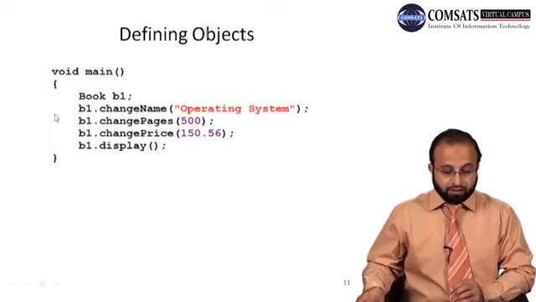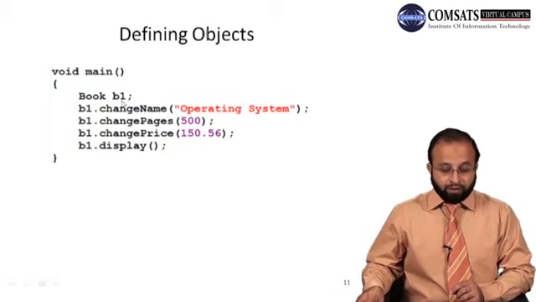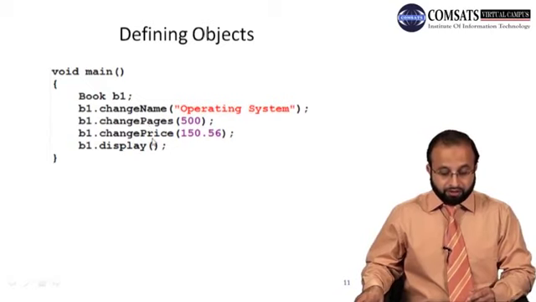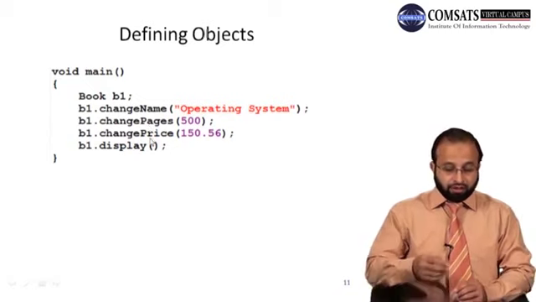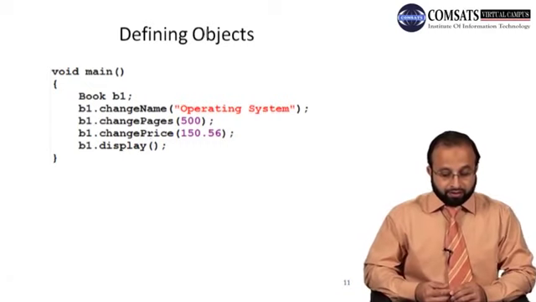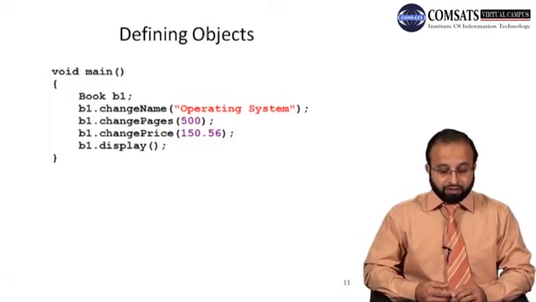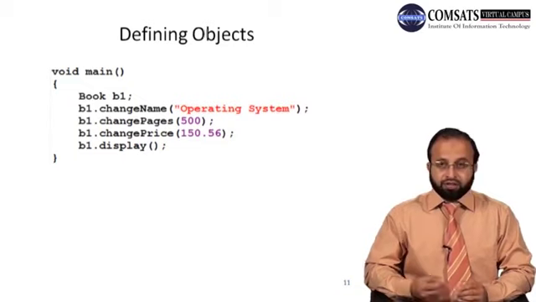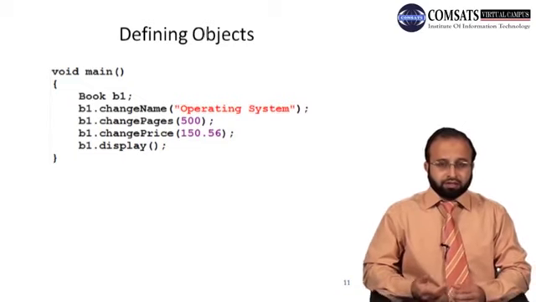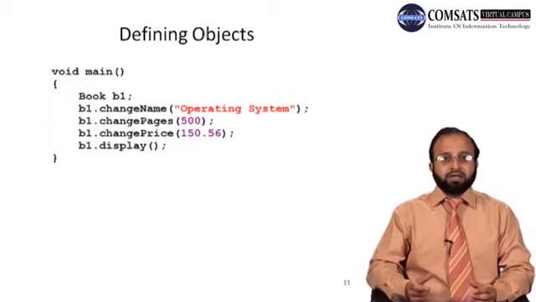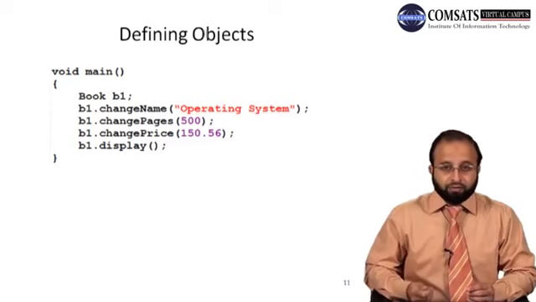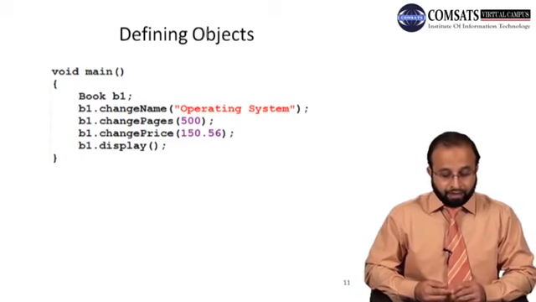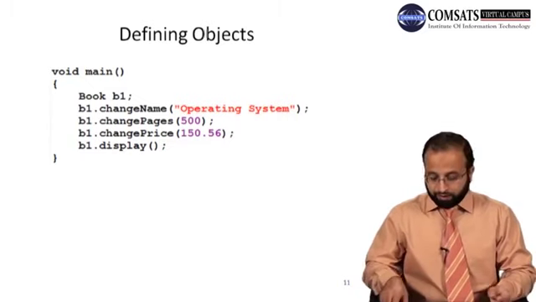We have an object book B1, and then set name or change name, set price, and set pages or change pages, whatever. Previously I wrote set name, set pages, and set price, but change name, change pages, change price are the same thing, they are basically the setter functions. They set the value of a particular private data member of that object of the class, and b.display will display all those values.